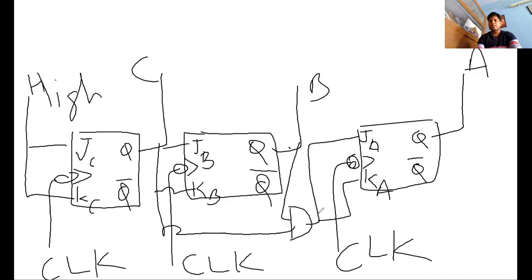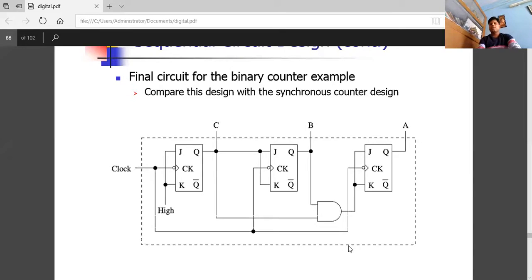The output section is the present state ABC and next state ABC. So we share the final presentation. A, B, C is the present state. 3 flip-flops: first flip-flop, second flip-flop, third flip-flop. Clock pulse is given; all clock pulses we connect to each other.